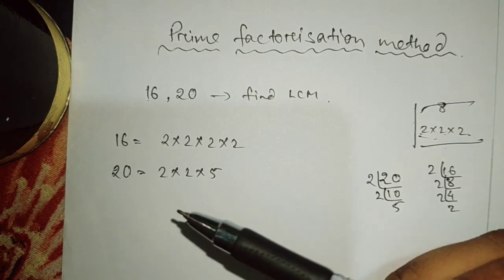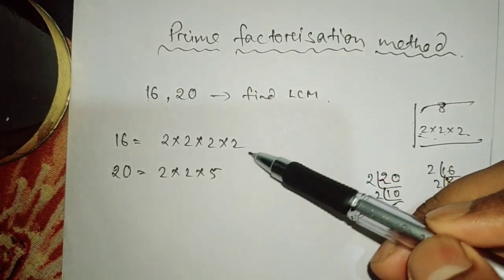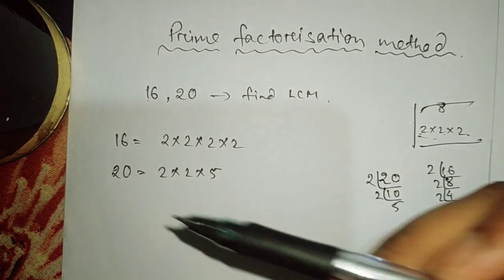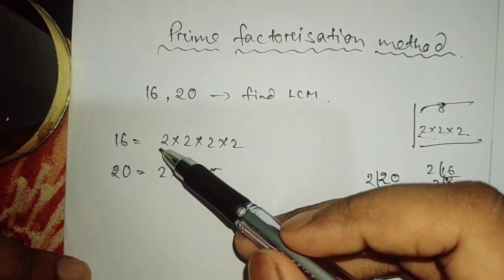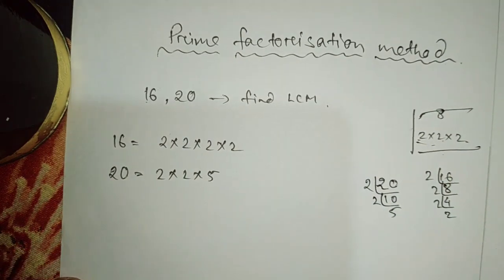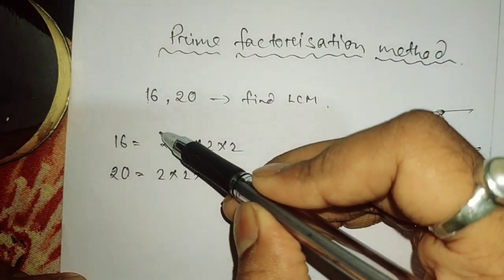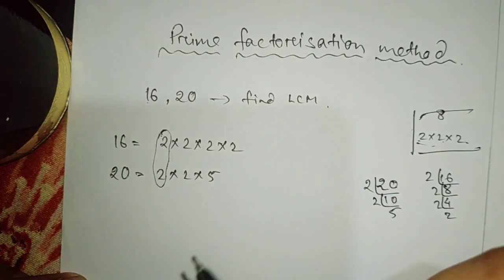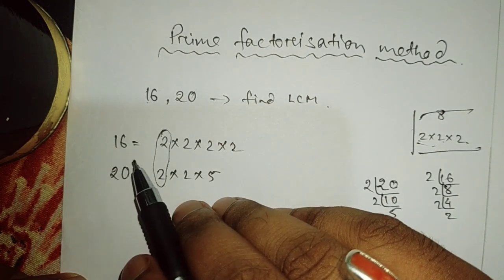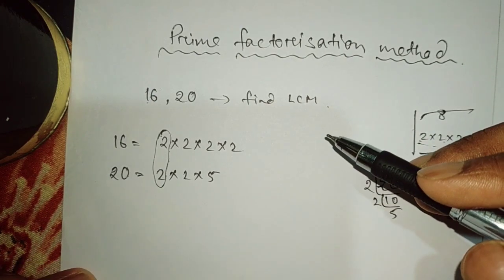Now let us see which numbers are common in these two prime factorizations, 2, 2, 2, 2 and 2, 2, 5, for 16 and 20. We can see that this pair of 2 is common. Like we did in HCF, the first step is the same: you find the common numbers.